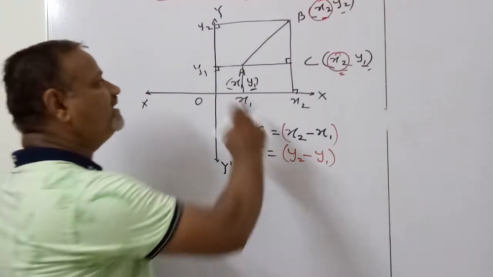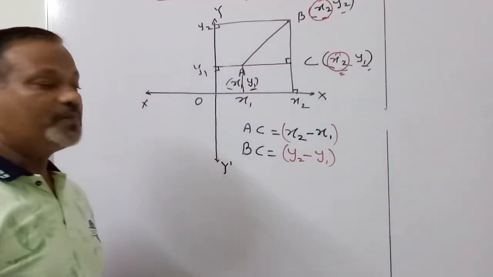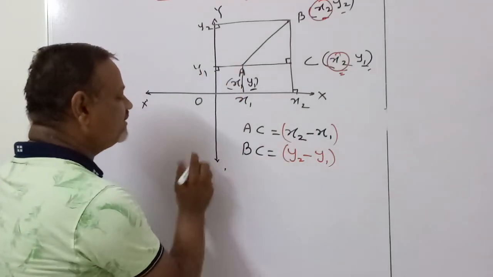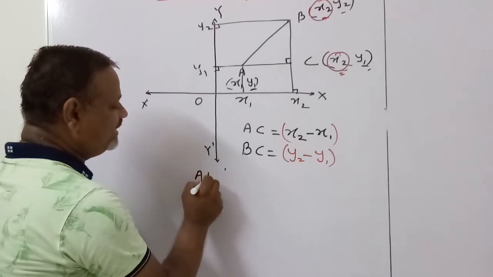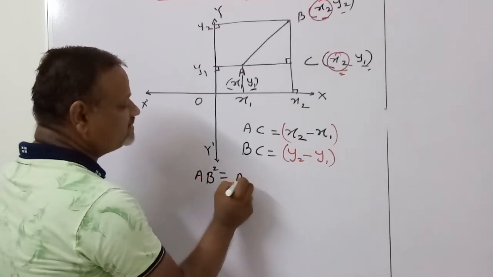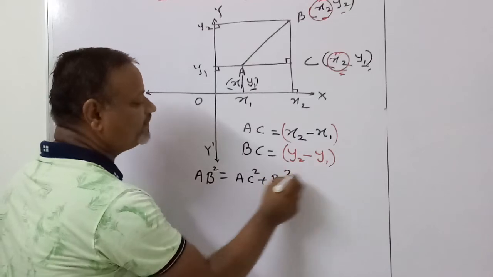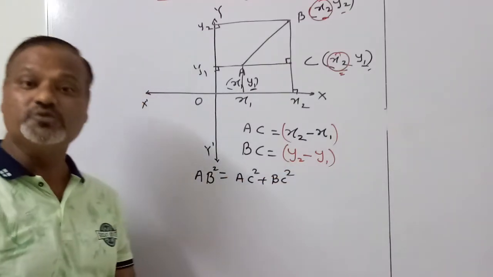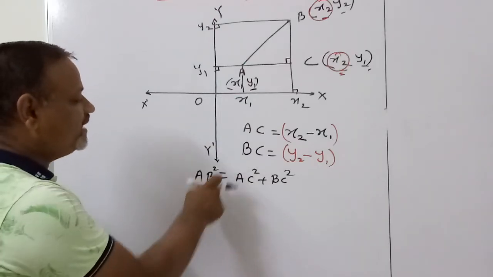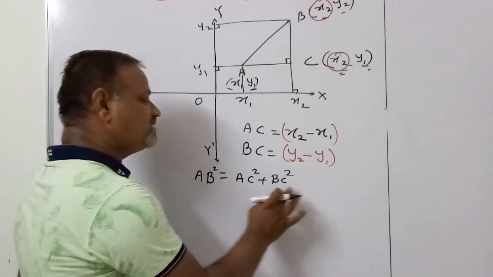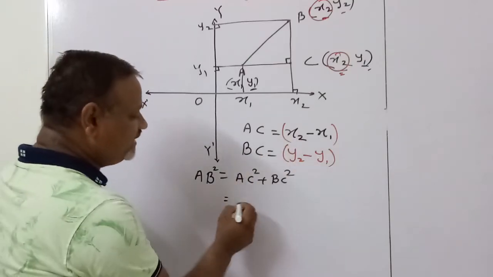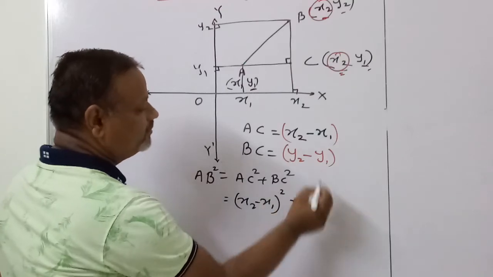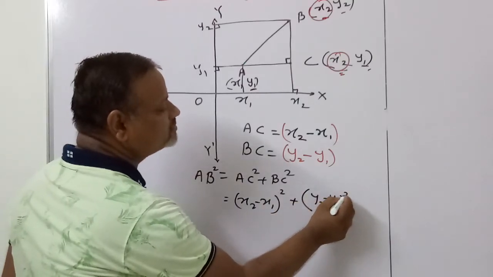Now we can apply the Pythagoras theorem here. So by using the Pythagoras theorem, what we get, AB square is equals to AC square plus BC square. The square of the hypotenuse is equals to sum of the squares of the remaining two sides. Therefore AB square is equals to AC square plus BC square. Now AC is nothing but the x2 minus x1 whole square plus y2 minus y1 whole square.